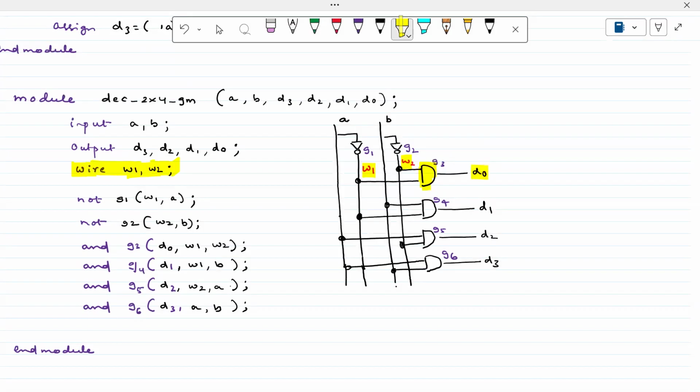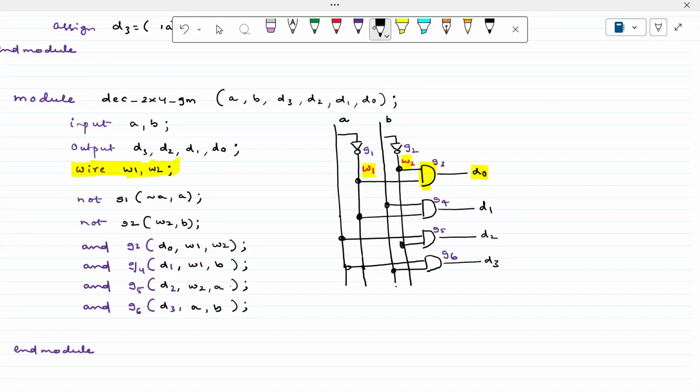We can write the code also without writing the W1 and W2. It is possible, but this is too early to talk about that. But this is called NOT of A, I can write it here without writing the W1.